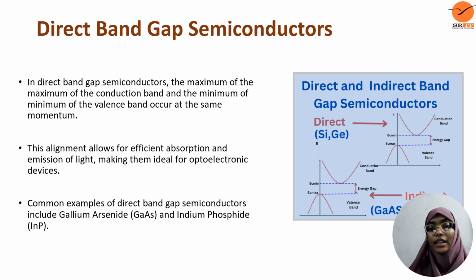Here you can see in the diagram of direct band gap semiconductors, there is an energy gap between the valency band and the conduction band. The maximum of the conduction band and the minimum of the valency band both occur at the same state, same momentum. And the examples of the direct band gap semiconductor are silicon and germanium.